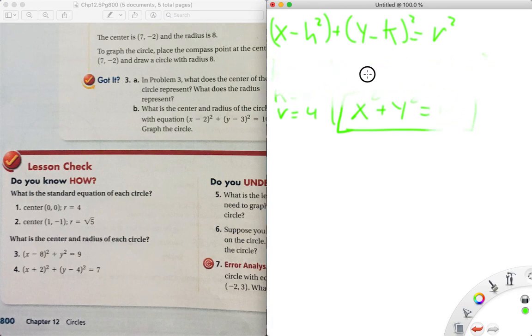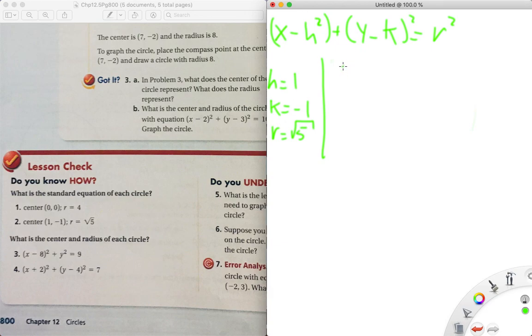Number 2, they give us a center of 1 and negative 1, and a radius of root 5. So h is equal to 1, k is equal to negative 1, and then the radius is root 5.